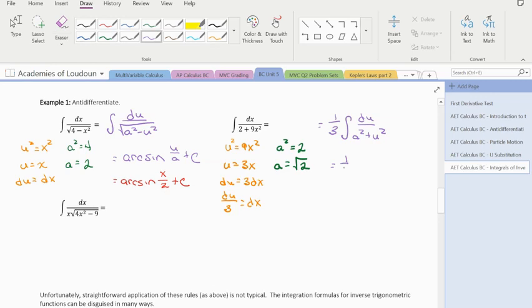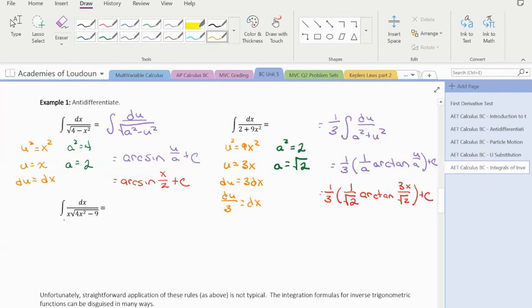This is going to be 1/3 times 1 over a arctan of u over a plus c. So substituting in everything, we have 1/3 times 1 over square root of 2 arctan of 3x over the square root of 2 plus c.